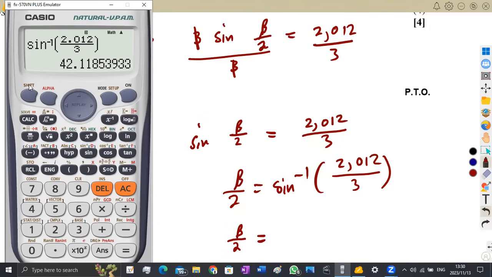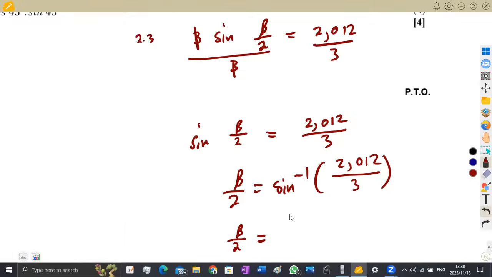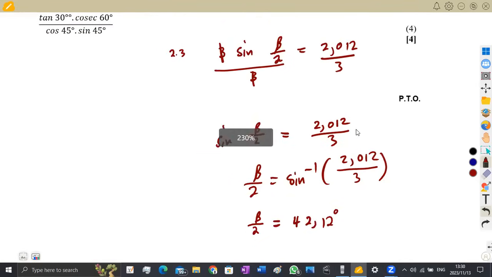Right, so to round off to 2 decimal places as per instruction, just shift set up, you go to the fix, then 2 decimal places, you press 2. So it is going to give you the answer to 2 decimal places, which in this case is 42,12 degrees. Remember, this is now an angle, so we are going to have this degrees.